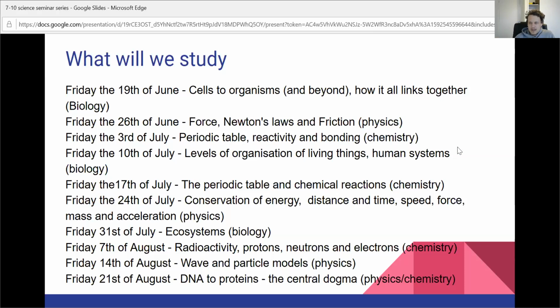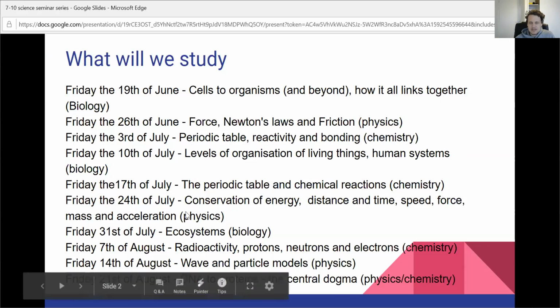Then we look at the systems in humans. We'll look at the same systems in animals as well, but not in as great a detail. Then periodic table and chemical reactions, getting a bit more in depth. Conservation of energy, distance and time, speed, force, mass, and acceleration. Again, physics and maths.